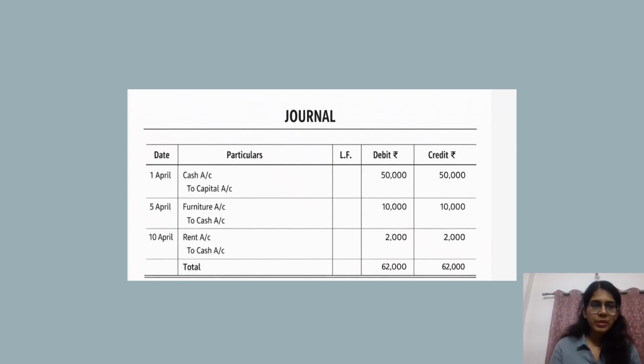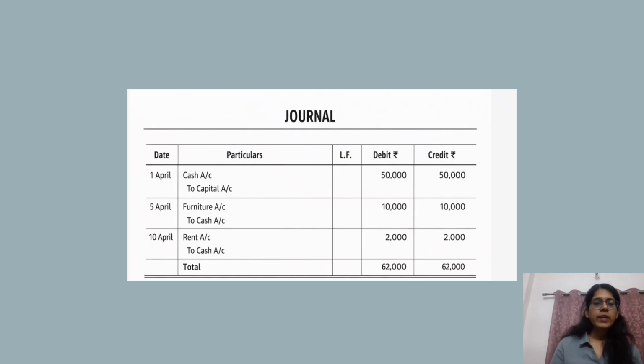The investor falls under personal account, so his account will be credited. Here I am making the demarcation. This is the Indian curriculum journal entry, where we mention "To" before the credit account. Okay, if we are using US accounting, then just mention cash account in the debit column and capital account in the credit column.